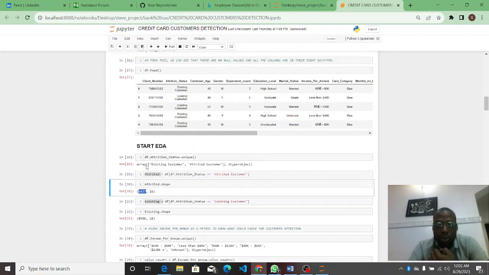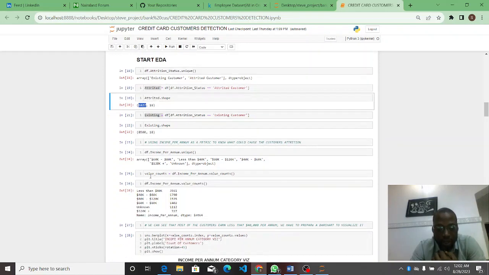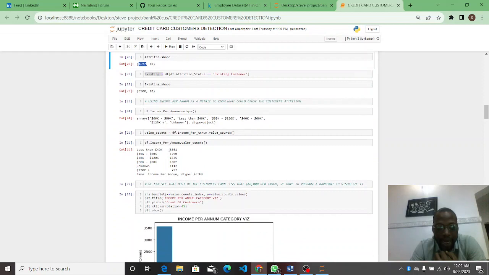So the next thing to do is to make use of the next metric, which is the income per annum for our customers. For this, I had to check the income per annum for the main data frame, which is the combination of the existing and the attrited customers. I checked that using value count.